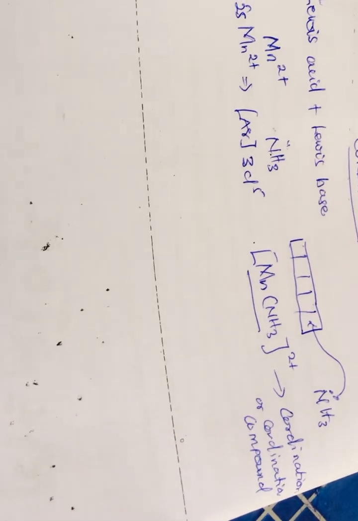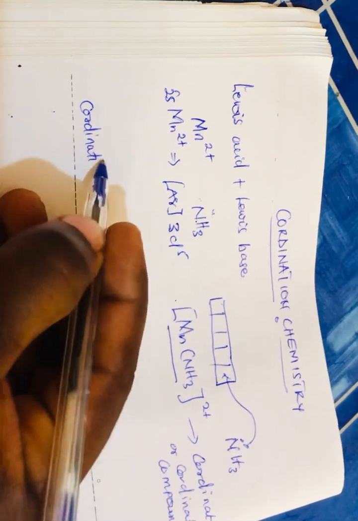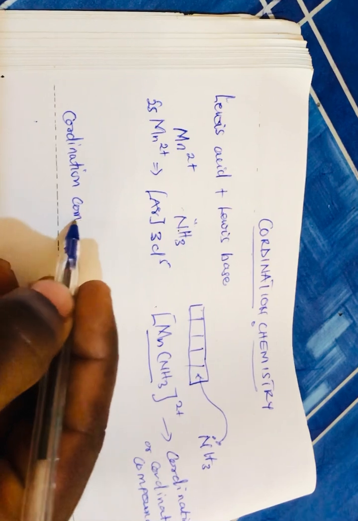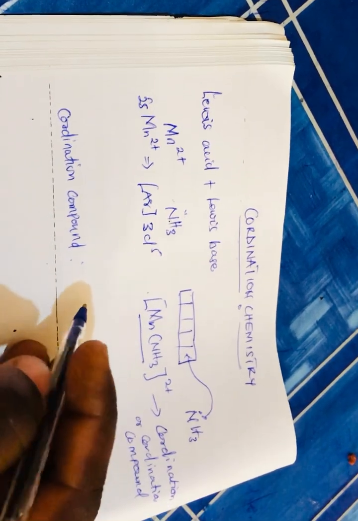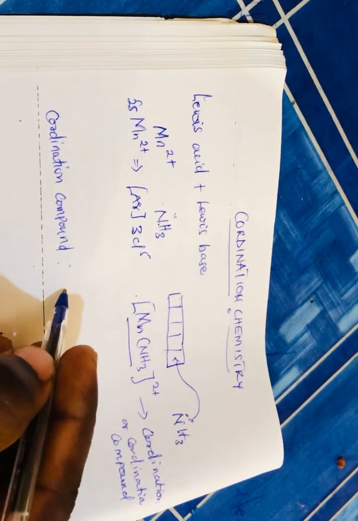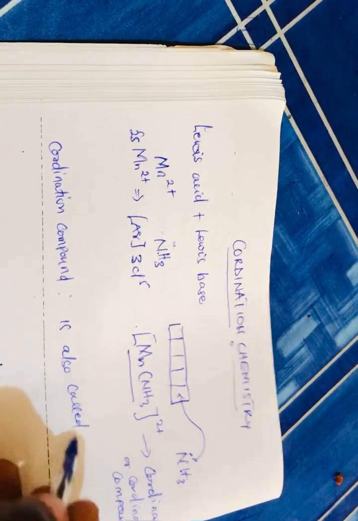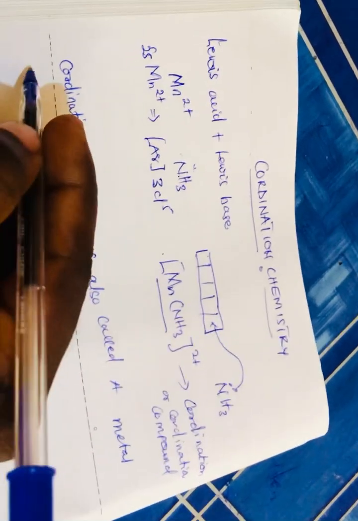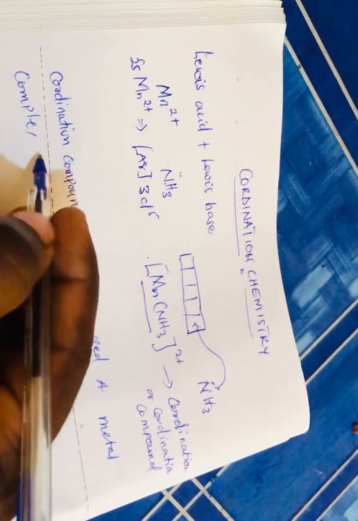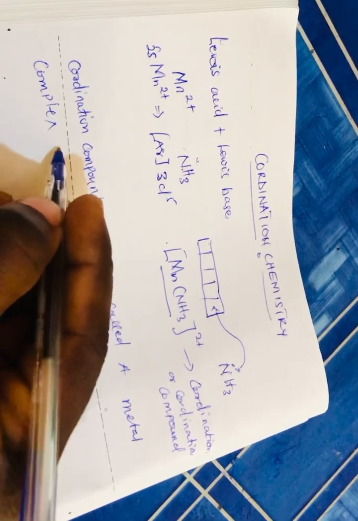So let's look at the coordination compound. A coordination compound is also called a metal complex, or just a complex.